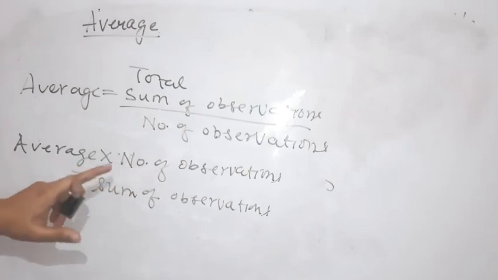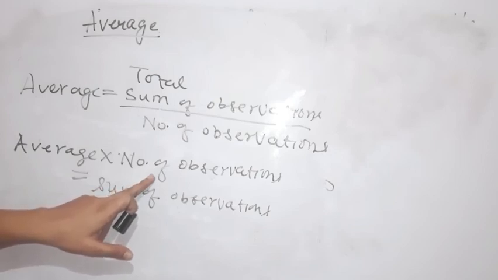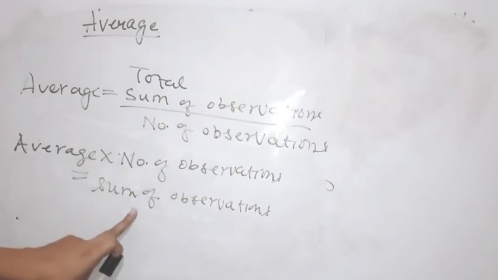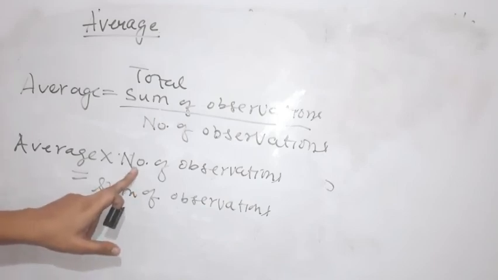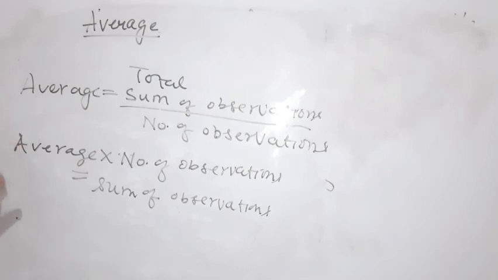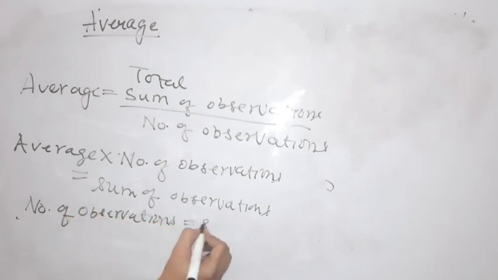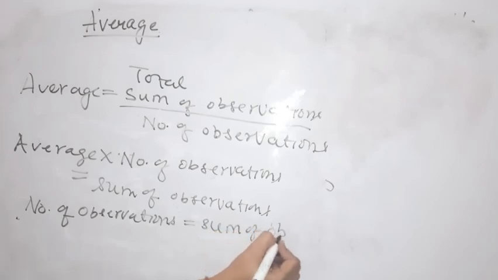Average is in multiplication with number of observations. So if the average is given, the sum of observations is given, and you don't know the number of observations, then since it is in multiplication, once it goes on the right hand side, it will be in divide. So one more formula from this: number of observations is equal to sum of observations, I am not writing observations completely, upon average. Okay, this is the formula.